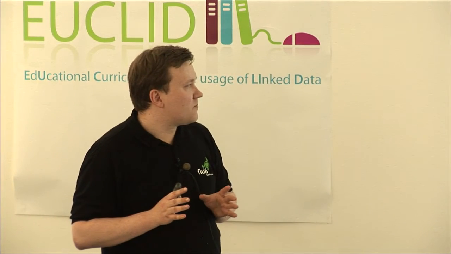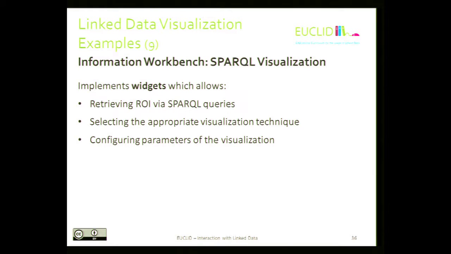So all these SPARQL visualizations that you see are implemented as widgets. What they all do is they retrieve the specific region of interest in your data via some SPARQL query. Then the user has to select an appropriate visualization technique, maybe add some configuration parameters if it's necessary, and that's it.